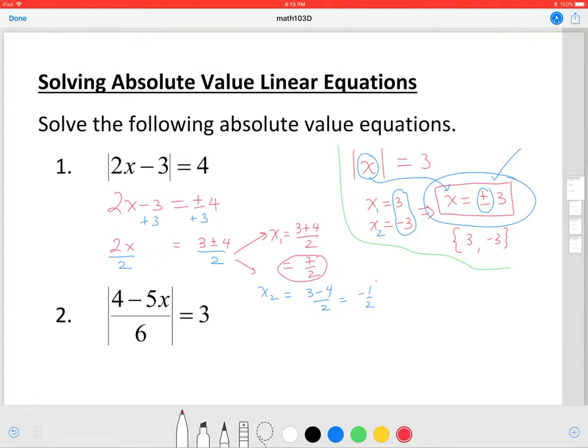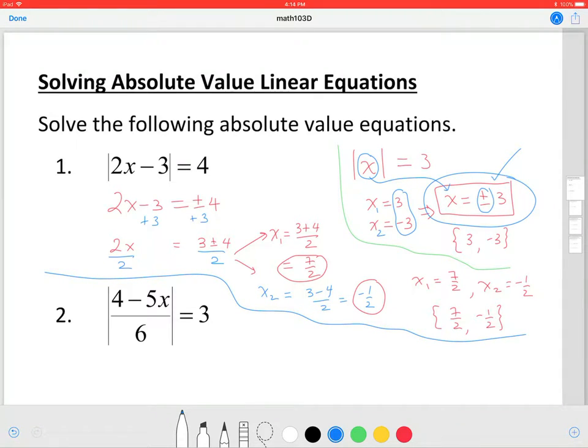I'm going to write my answers explicitly like this: my first solution is 7 over 2, my second solution is -1/2. Alternatively, you can write the solution in roster braces as 7 over 2 and -1/2. So that's our first problem.